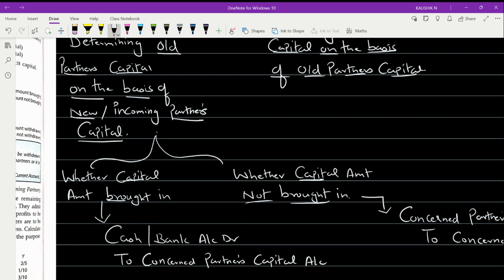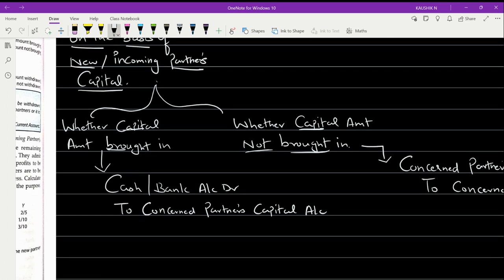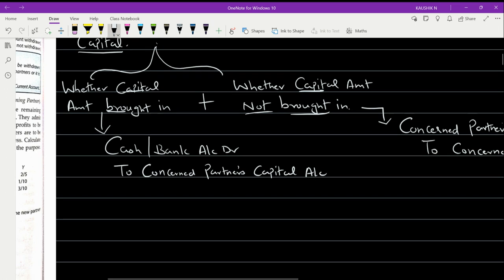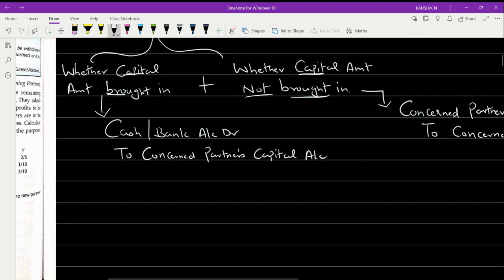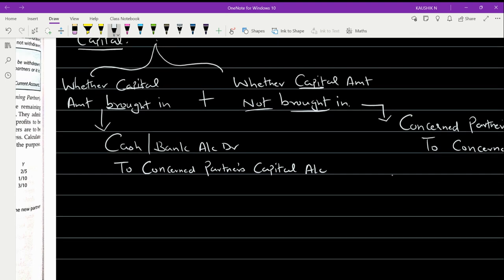Suppose the situation is such that he has brought the amount but not the complete amount, only some extent of the value. Then in that case you have to mix up these two entries. Let us take an example.